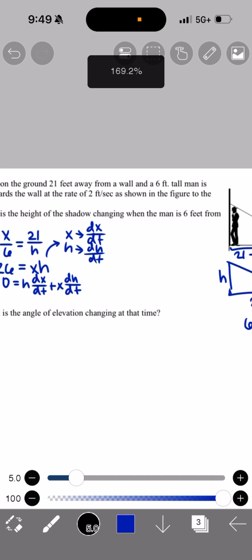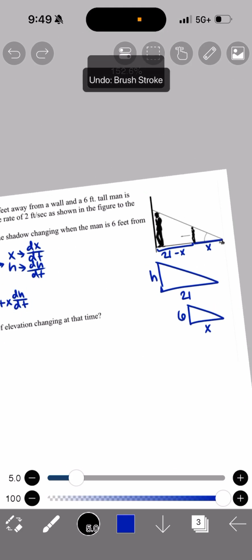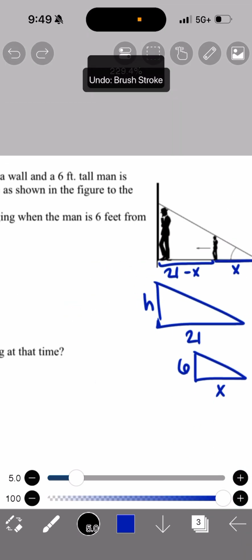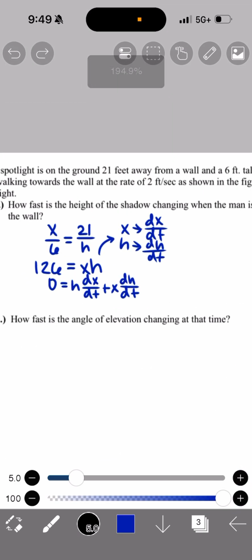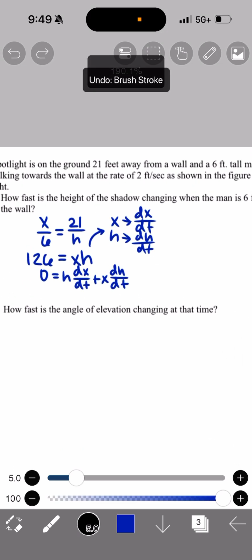From here, what we're looking for is dh over dt, because we're trying to find the change in h, the shadow's height. So we want to keep that as our unknown, but we can plug in the rest of these numbers.